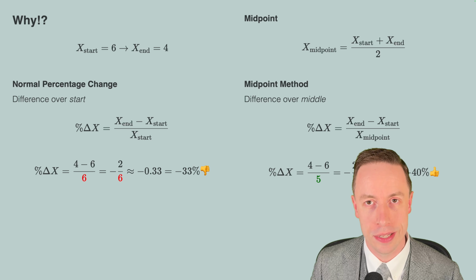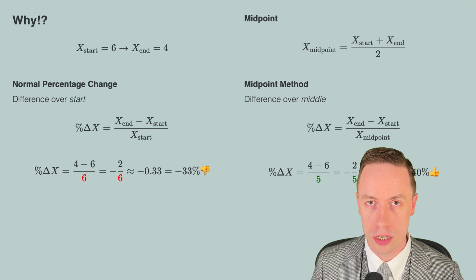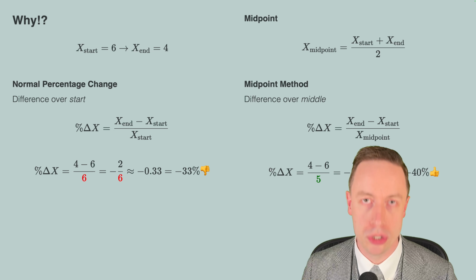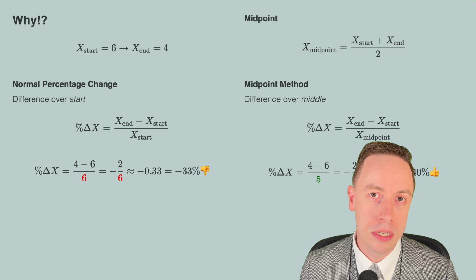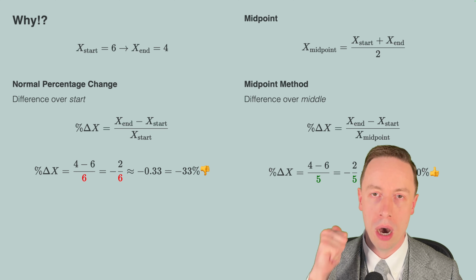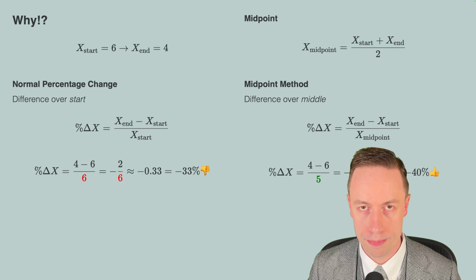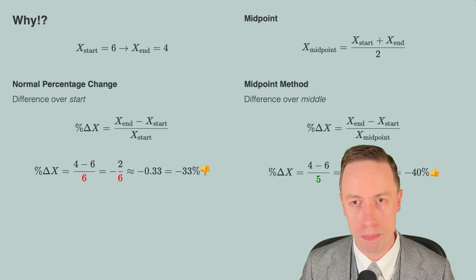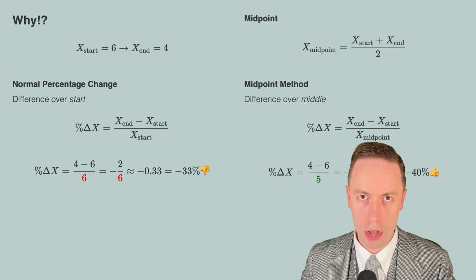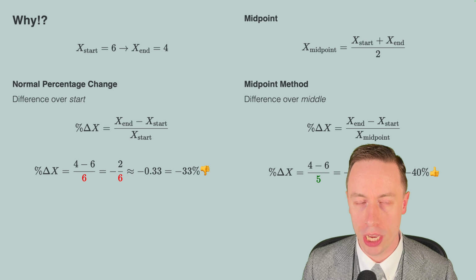You get a consistent result. It's still 2 over 5, so it's still 0.4. It's still 40%. The only difference is, do you have an increase plus or do you have a decrease minus? All right, we can work with that. So this is our midpoint method. And by itself, well, it's not that big a change from a regular percentage change.